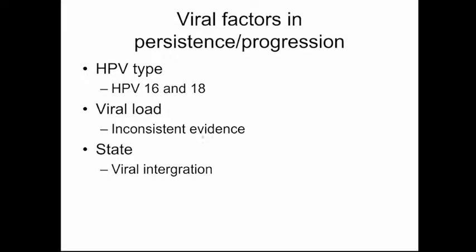Viral load, there is inconsistent evidence that viral load of HPV is important in terms of persistence of infection and progression. Then, of course, the state of the virus, whether there is viral integration, is also important in terms of persistence and progression. This is viral integration into the host genome.